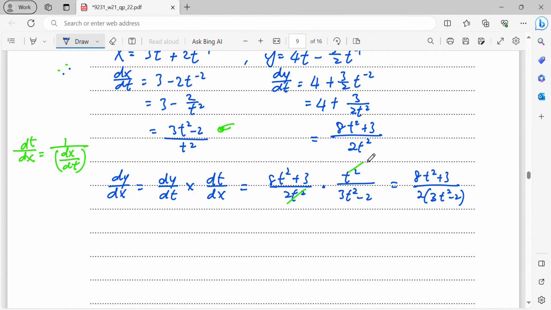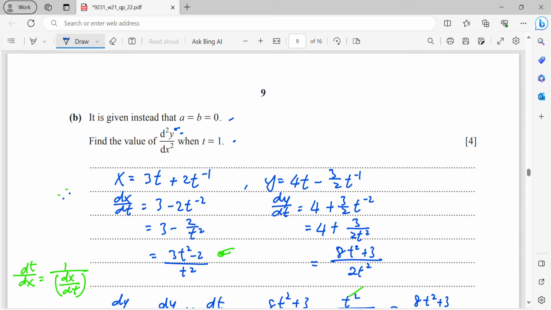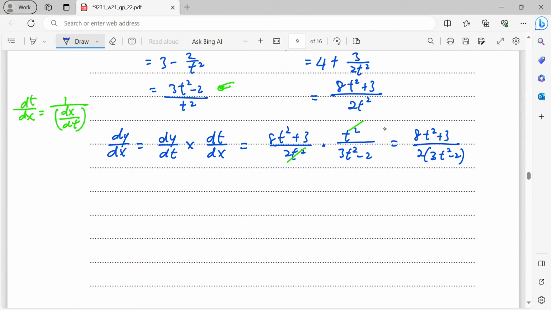But then now the question is asking for the second derivative. So now, I need to differentiate my dy dx with respect to t because my dy dx is in terms of t right now. So when I differentiate this, obviously this is the quotient rule. So I square the denominator.